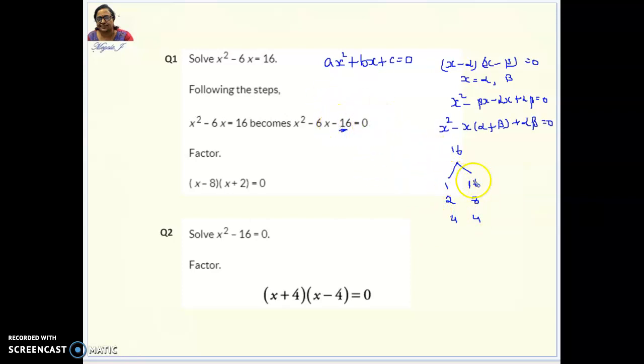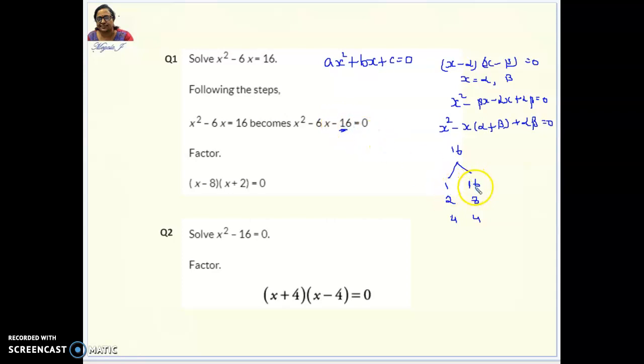Because the product of the two values is negative, one value is negative and the other is positive, so you take the difference of the two. If the product were positive, then you would take the sum of the two.